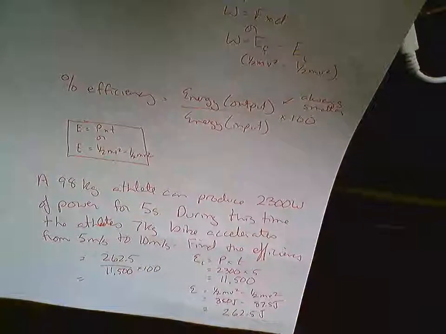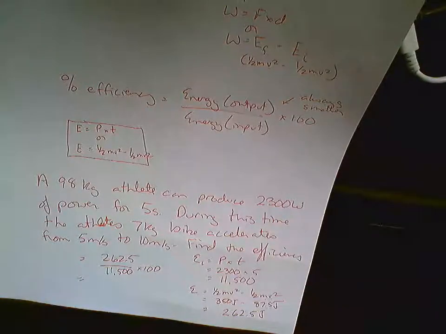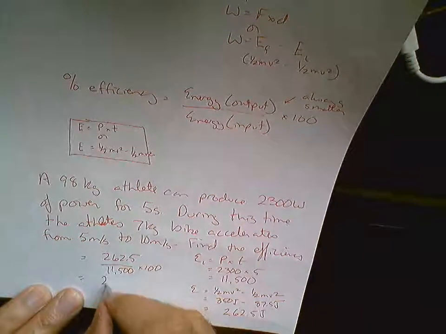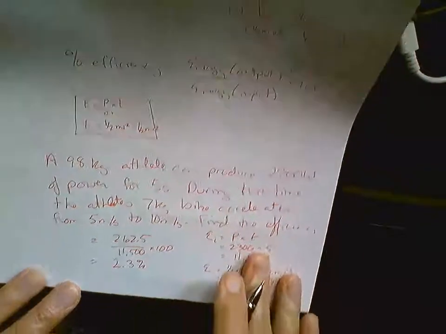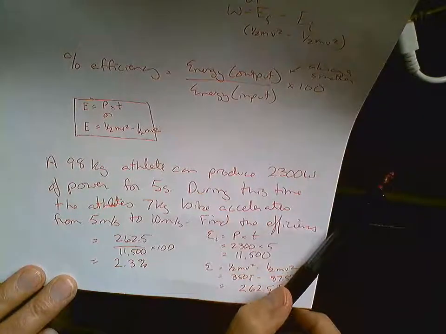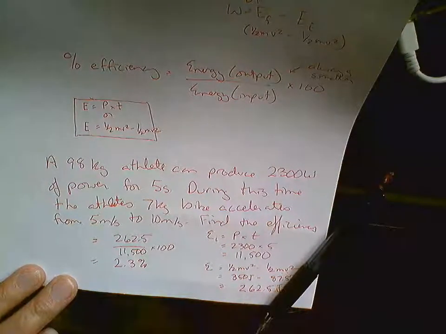So 262.5 divided by 11,500 equals, and times 100 equals, we only have a 2.3% efficiency. So that athlete can generate a lot of energy or power, but not much of that is being transferred into that bike being efficient.